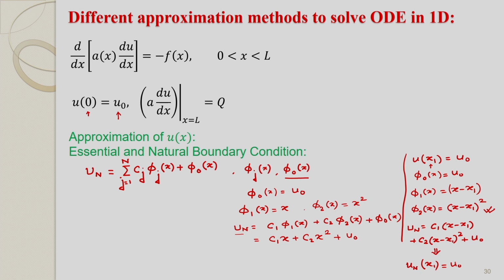So, the combination of phi j and phi naught is such that u n satisfies the essential boundary condition. The natural boundary condition we directly use in the boundary term when we do integration by parts. This we will understand in a more elaborate way in one example.